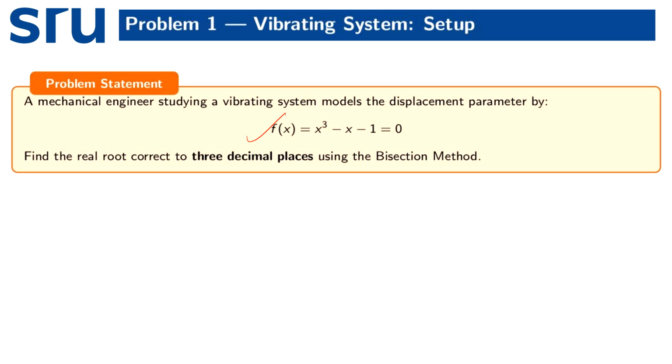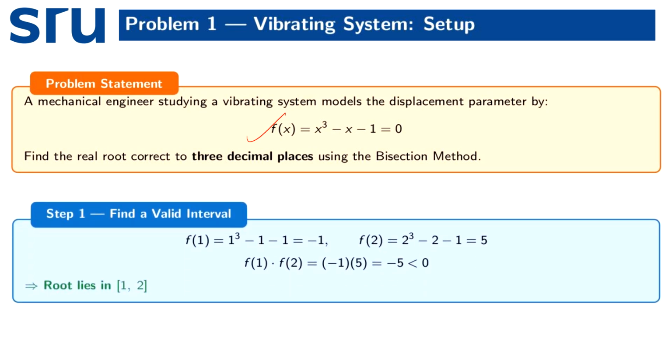So what is our objective here? We need to find the root, or value of x, such that the answer must be accurate up to 3 decimal places. Before applying the bisection method, the first and foremost step is to find a valid interval. We need to choose two values, say 1 and 2, such that f of 1 dot f of 2 should be less than 0.